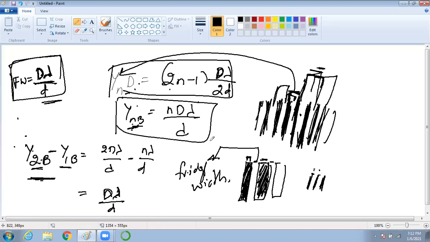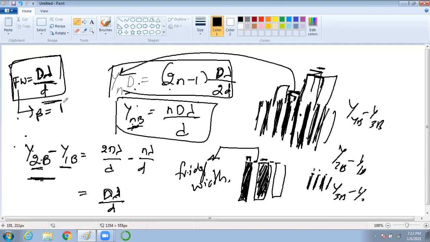Again, these two consecutive will be this much. So you can find either y2B minus y1B, or y3B minus y2B, or y4B minus y3B. Any two consecutive you take. And the fringe width is given by beta. Beta is the fringe width. Clear?